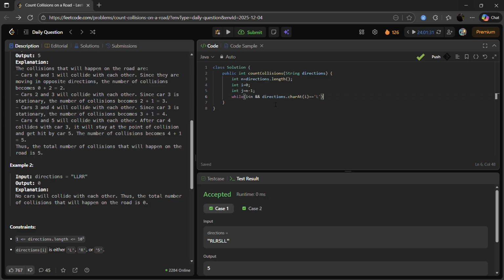what we can do is we can increment the i count, which means if the leftmost characters have the character L, we can ignore them because it is not going to collide with anything.